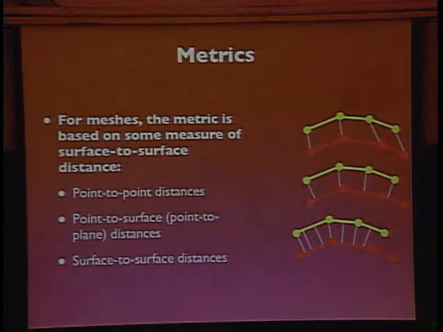So what we do for point-to-point distances is we simply take each point on the moving mesh, calculate its closest point distance to the fixed mesh in terms of point-to-point distance, and add those up. So the larger that thing is, the worse the alignment is. And if it's closer to 0, then they seem to align with each other perfectly. Fair enough?